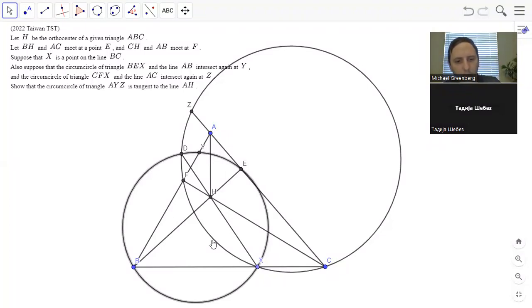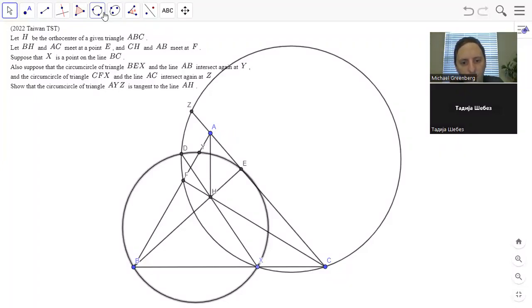So yeah, how do we show? Okay, we know it swaps D and X, and we know it swaps B and E. We want to see what it does to the circle AFHE. AFHE goes to line BC, because, okay.